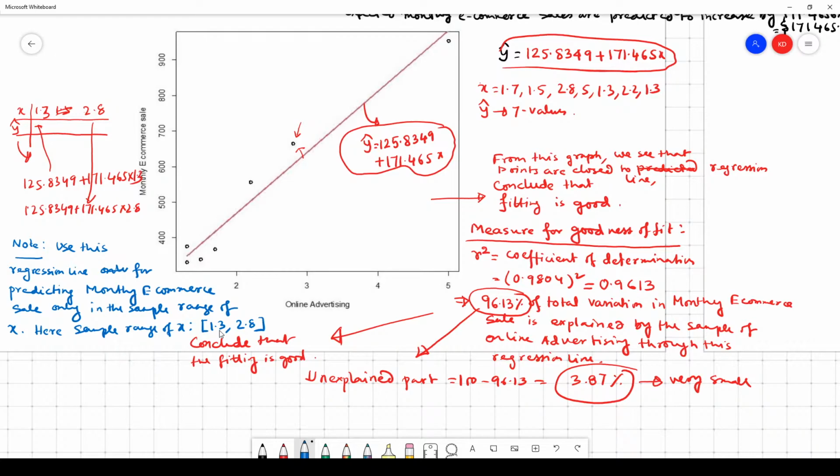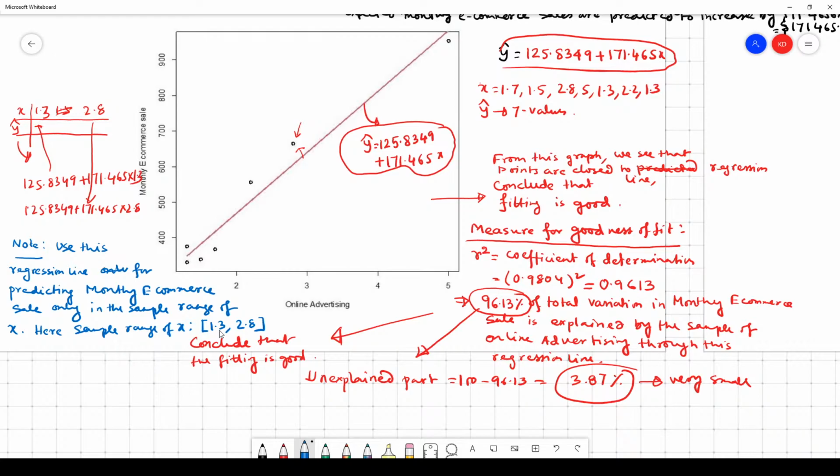Because out of the sample range of X, we do not know the behavior of X and Y. We know the behavior of X and Y only on these sample values, and on the basis of this behavior, we compute the regression equation.